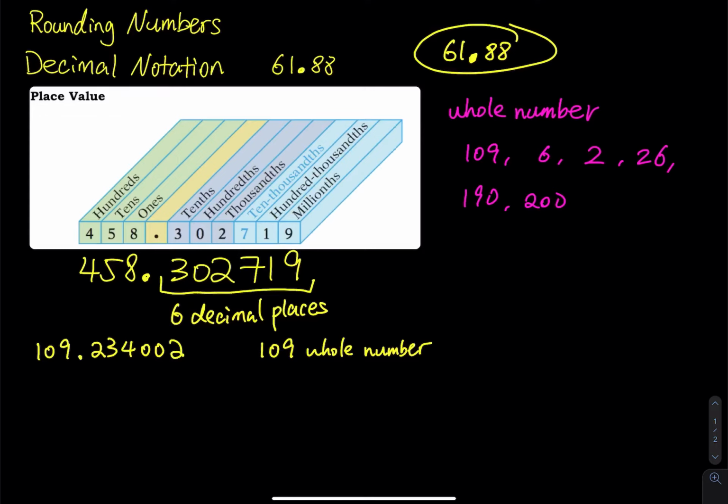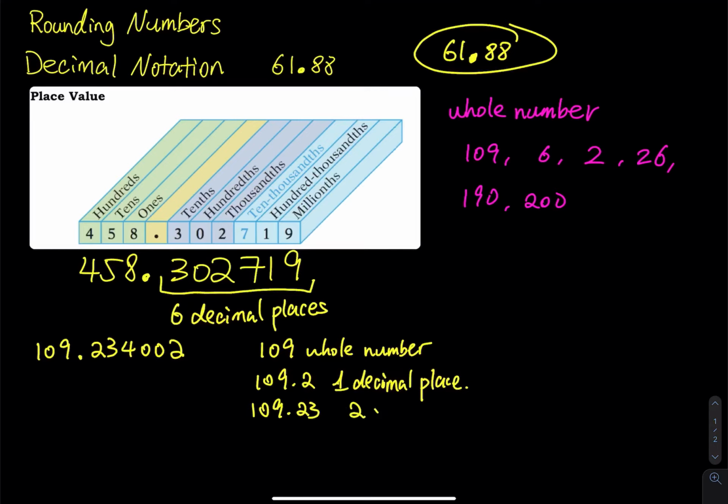And then how about one decimal place? One decimal place means you keep one digit on the right hand side of the decimal point. 109.2. This is one decimal place. And then how about 2 decimal places? That will be keeping 2 digits on the right hand side of the decimal point. So we have 109.23.